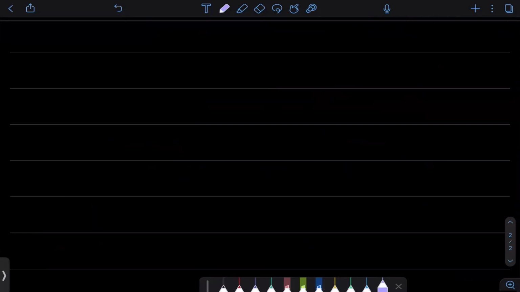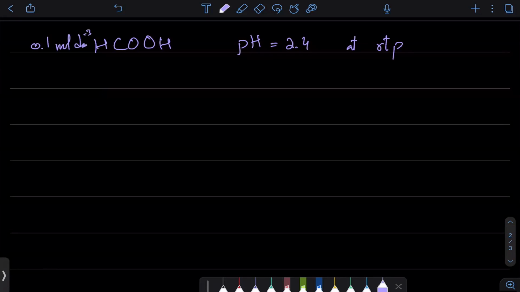Okay, so here's a couple of questions. Let's try them out. So I have methanoic acid, HCOOH. Its pH is 2.4 at room temperature and pressure. And I have 0.1 moles per dm cube of this thing.